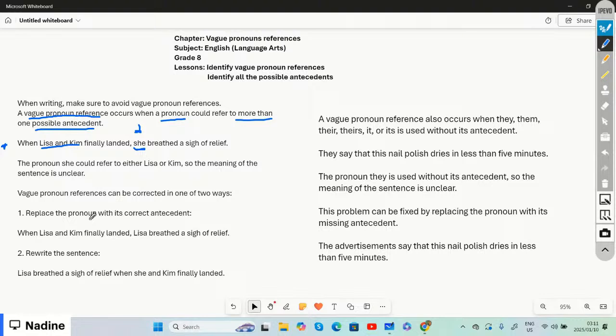She can either refer to Lisa or she can refer to Kim, which means the meaning of the sentence is unclear because we don't know who it refers to.